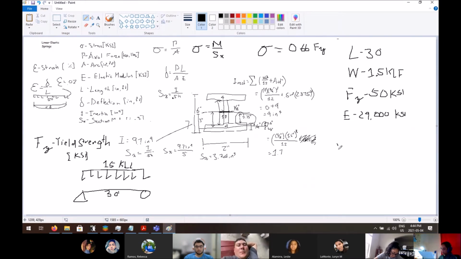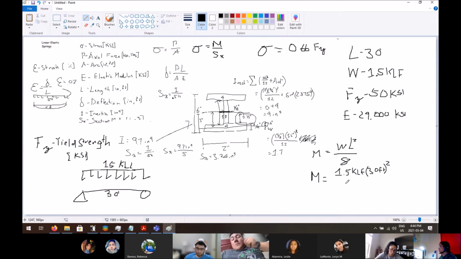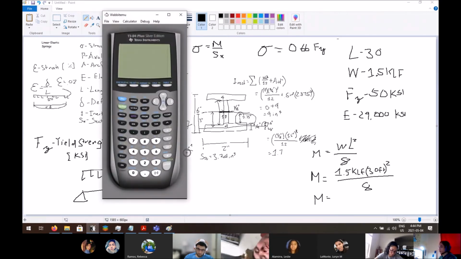So what is this? WL squared over 8. This would be moment, right? The moment is equal to WL squared over 8. Moment is equal to W, 1.5 KLF, times 30 feet squared over 8, and then you solve that out.